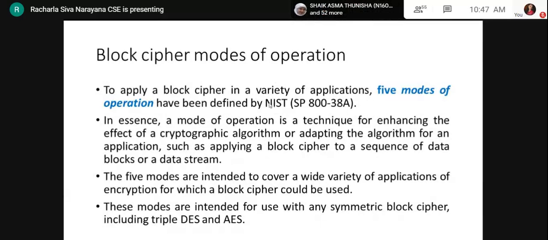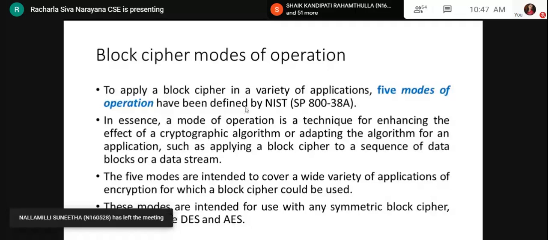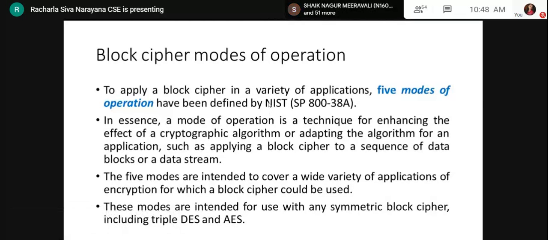Here we have five modes of operation defined by NIST, and these five modes of operation are used to implement the block cipher in a variety of applications.